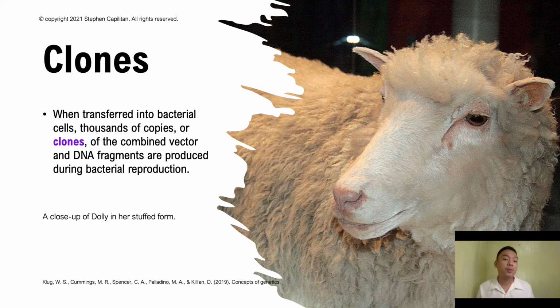Clones: when they're transferred into bacterial cells, thousands of copies or clones of the combined vector and DNA fragments are produced during bacterial reproduction.